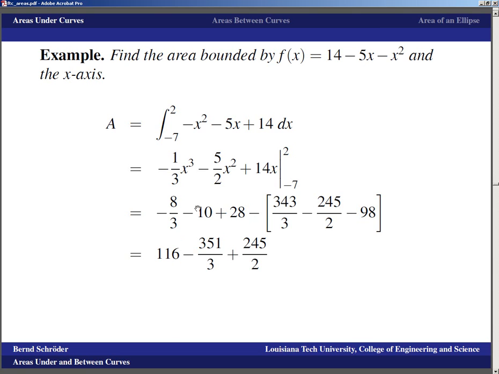We've got negative 343 minus 8, so that's negative 351 thirds, and the minus 245 over 2 still stays here. 351 is divisible by 3, so 351 divided by 3 is 117. 116 minus 117 is negative 1, so negative 1 plus 245 over 2 is 243 over 2.